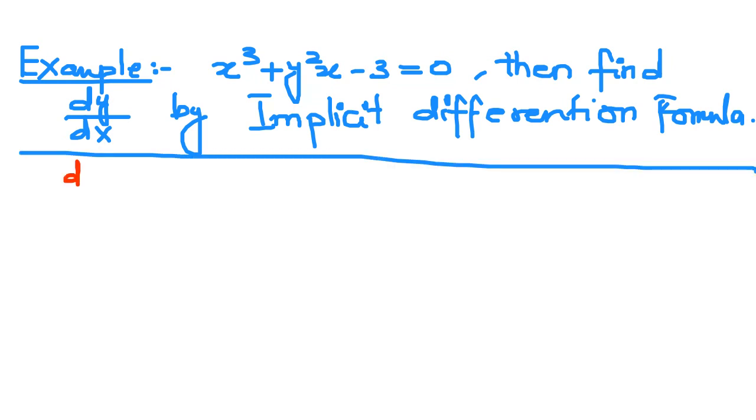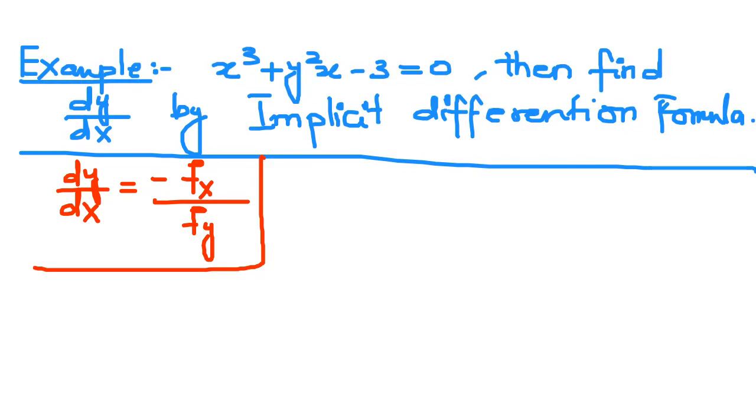dy over dx is equal to negative times the partial derivative with respect to x divided by the partial derivative with respect to y. So this is the formula for the implicit differentiation. Now we need the function, which we can get from this equation.